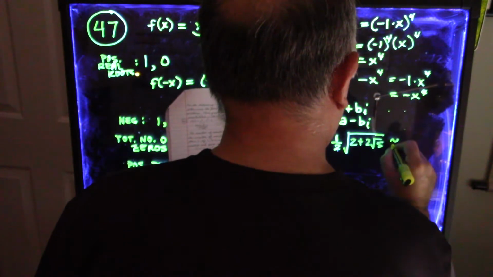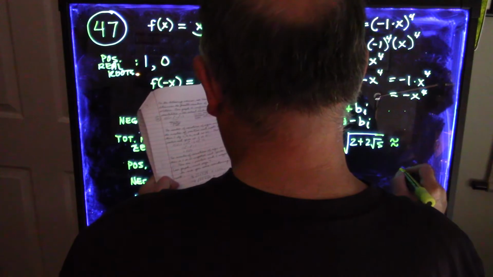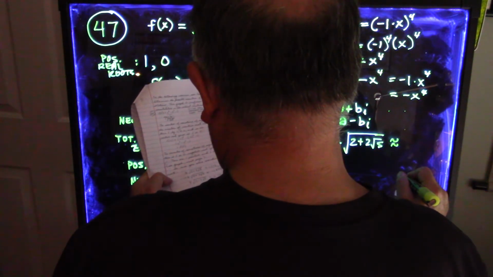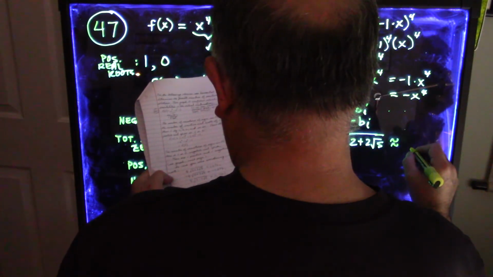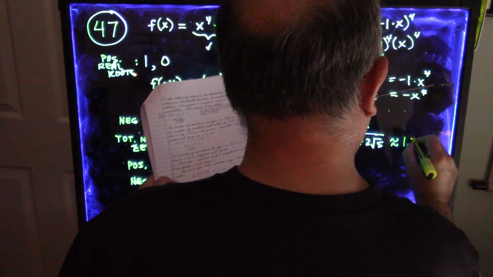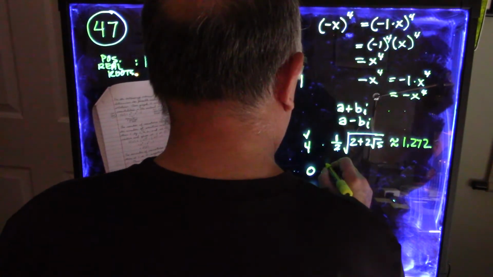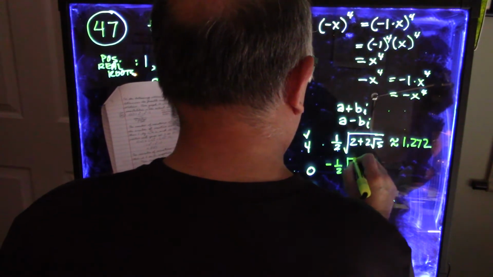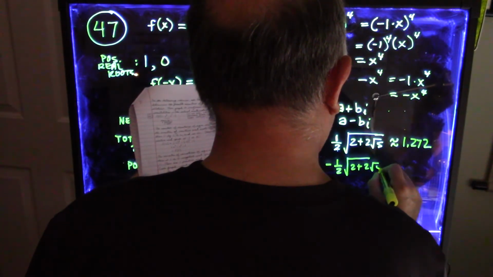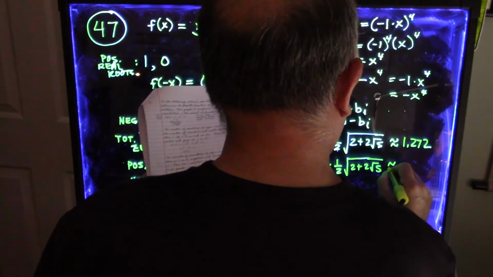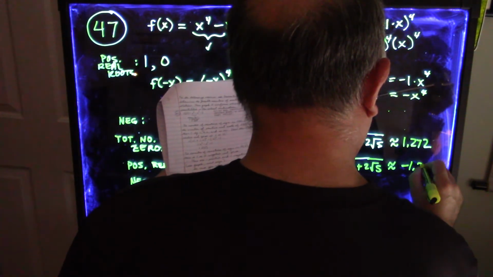That's about 1.272, and you have -1/2 times the square root of 2 plus 2 square root of 5, which is about -1.272.